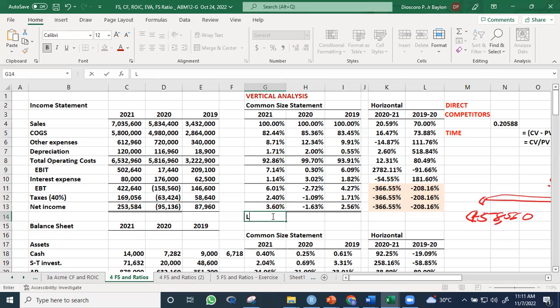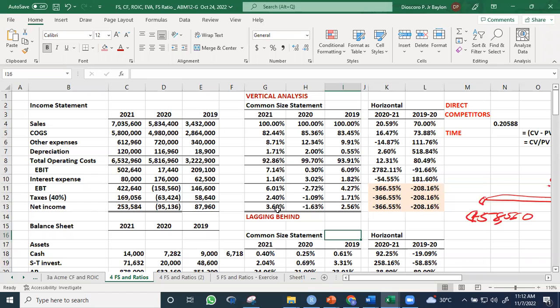Okay, lagging. It lags behind the industry average. Okay, or if the company, for example, has a direct competitor and the direct competitor has a profit margin of 7%, then we say that the company is not performing well.